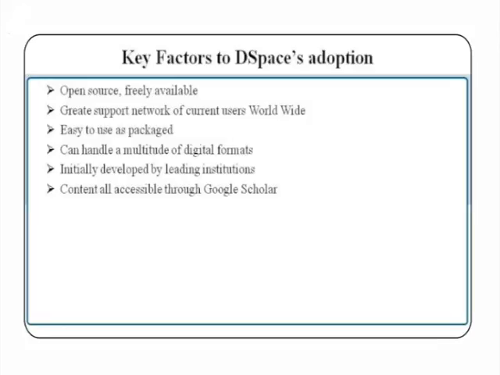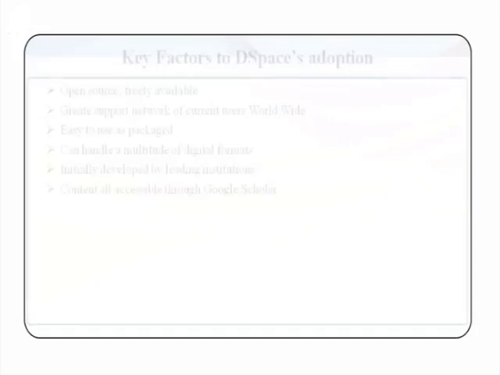DSpace software has been packaged in a way that it is very easy to use. It handles content in a number of digital formats, and the major advantage is that content in DSpace can be made searchable through search engines like Google Scholar. Thus one can increase the outreach of a digital library without much effort.